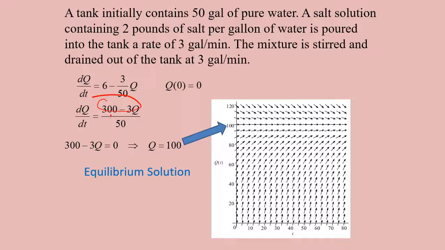If we started out with concentrations above 100, again, as it's mixed and drained and more stuff poured in, the concentration is going to lower. Eventually, the concentration will become 100 and it will stay there.